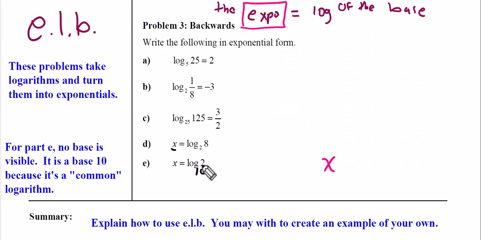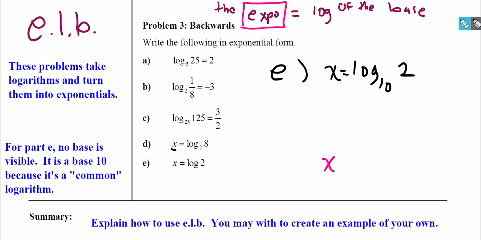But we generally don't write it. So I could have written E, for example, as log base 10 of 2, and that would have been the same as what I wrote for E that you see right here, x equals log 2. They're the same, equivalent, identical, believe it or not, problems.